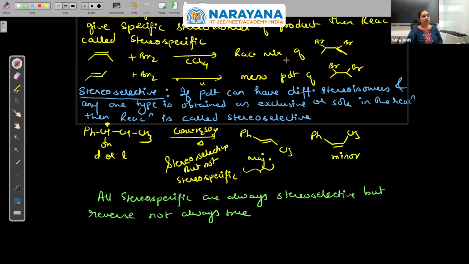There may be reactions like this, which is also stereoselective because a specific isomer is formed. So this reaction is both stereospecific and stereoselective. But this one is only selective.